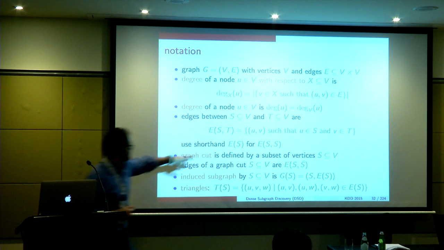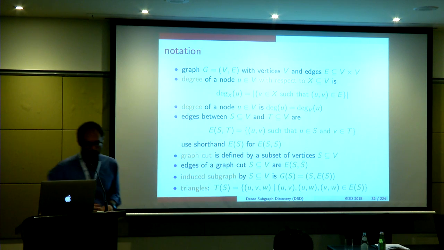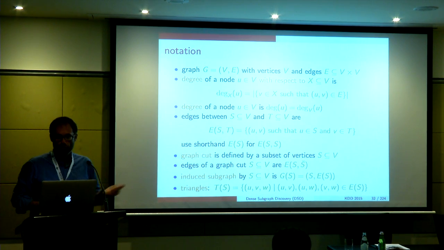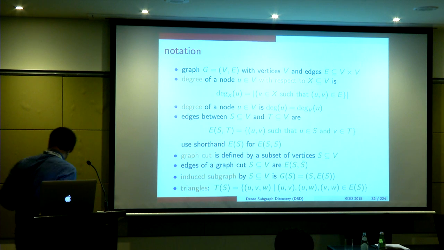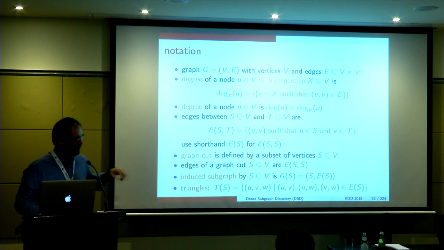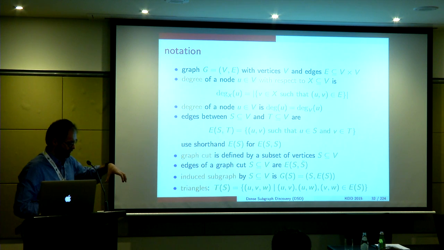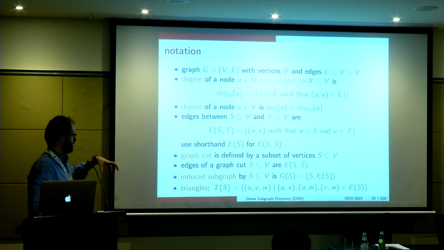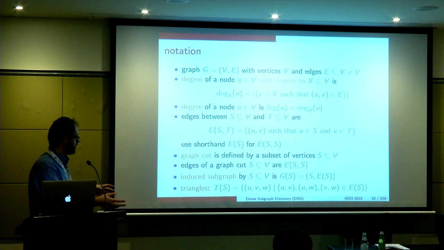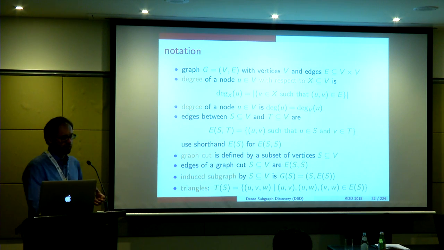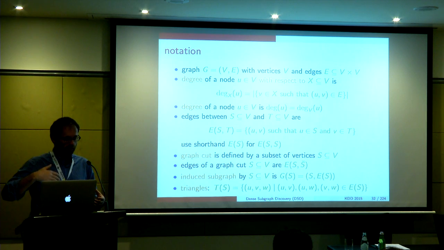I use e of S to denote the edges within a set of vertices S. Then I define a graph cut, which is defined as a set of vertices, and I also usually consider the complement. The size of the cut is the number of edges that go from the set S to its complement.